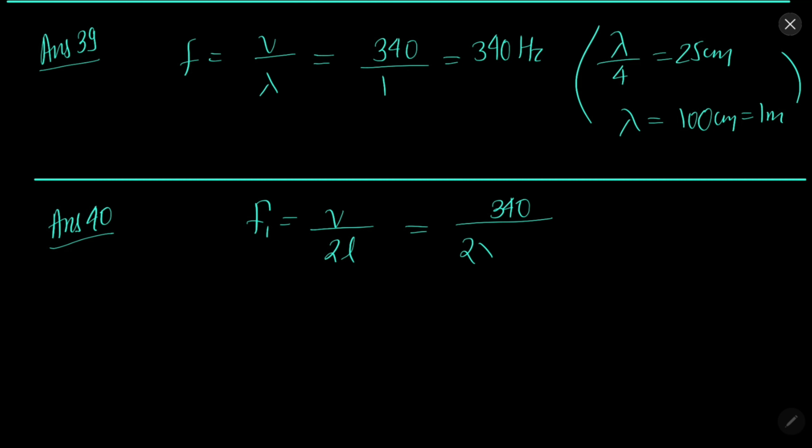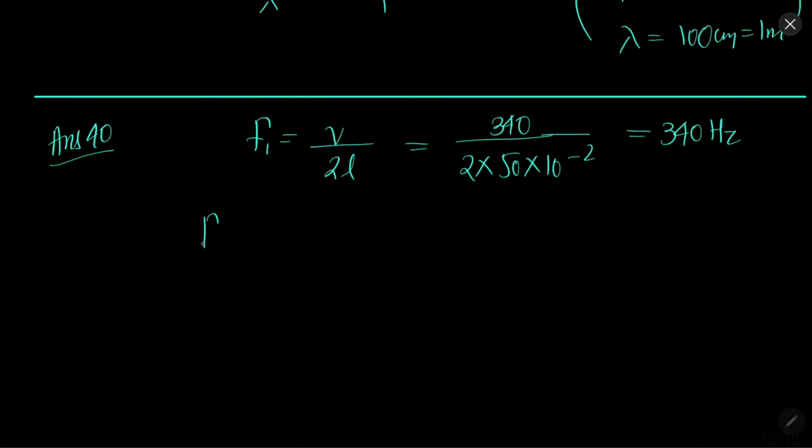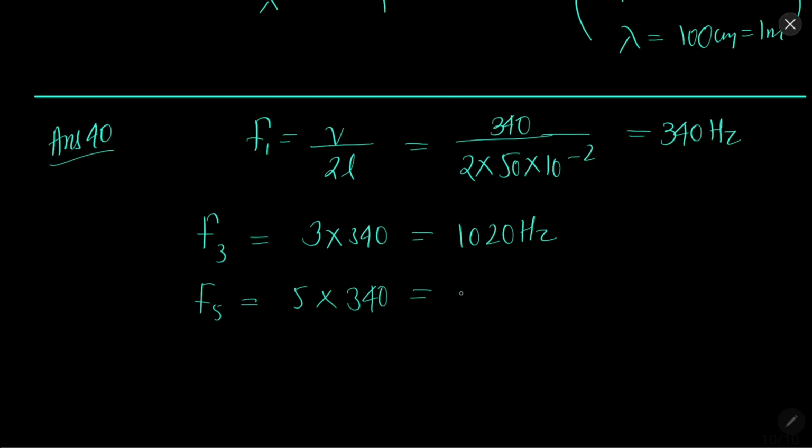When we put all the values, it will come out to be 340 Hertz, and F3, that is the third harmonic, will be 1020 Hertz, and F5 will be 1700 Hertz. F6 will be, so you can easily find all the harmonics.